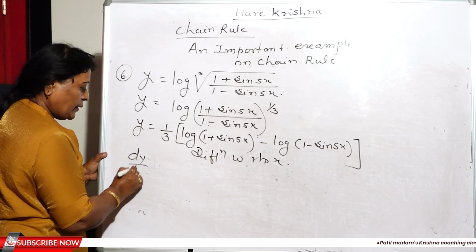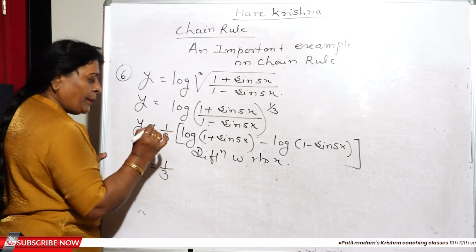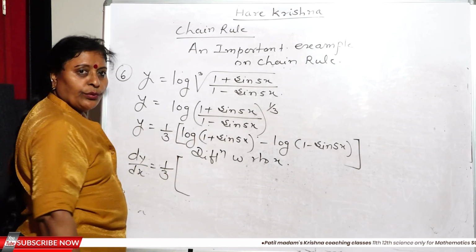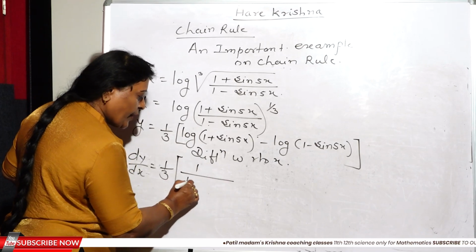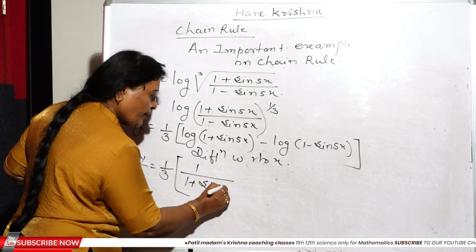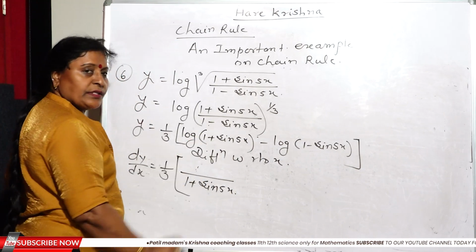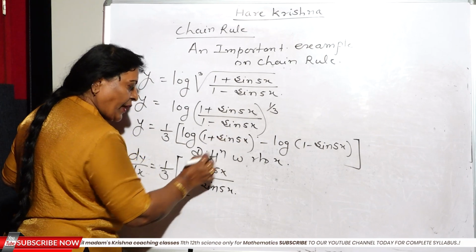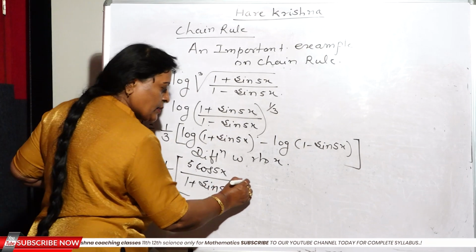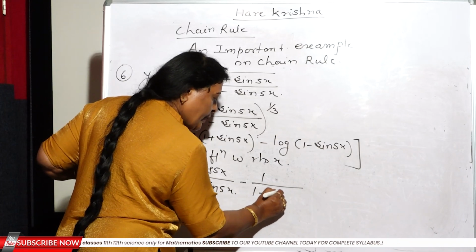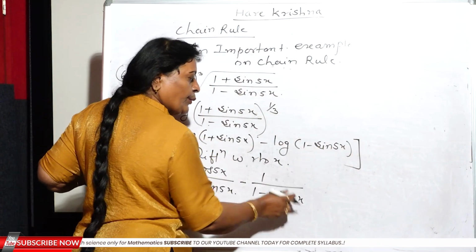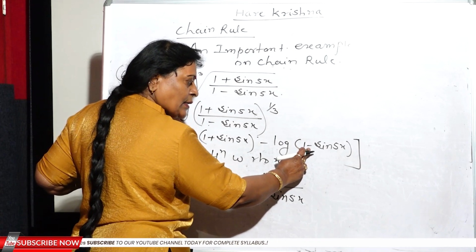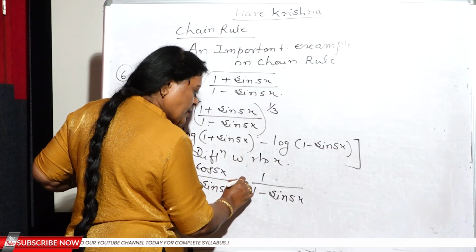dy by dx. When a constant is multiplied to the function, the constant remains as it is. Here again, this is u. Log u, the derivative is 1 by u, means 1 upon 1 plus sin 5x, right? And the derivative of sin 5x is cos 5x, but the derivative of 5x is 5. Then minus 1 upon 1 minus sin 5x, because log u again 1 by u, 1 upon 1 minus sin 5x, again the minus sign remains as it is, this minus and this minus, minus minus plus.